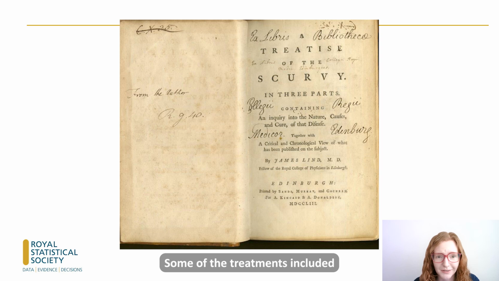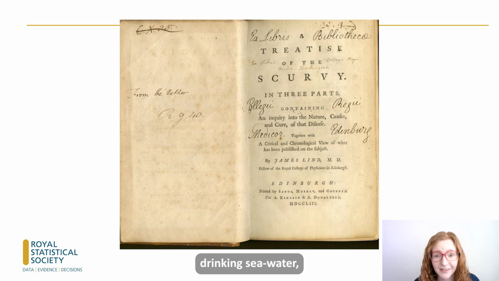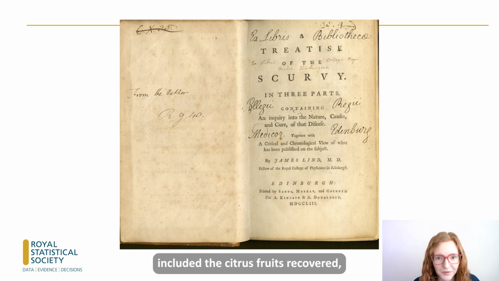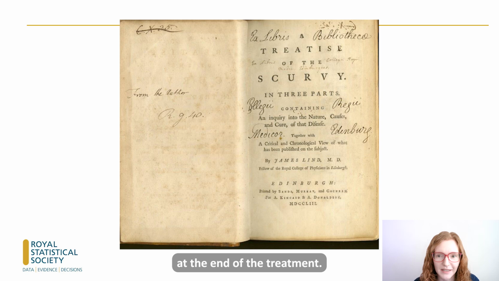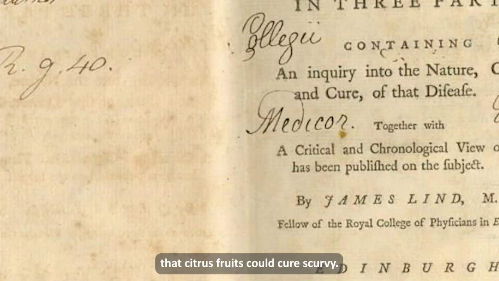Some of the treatments included drinking vinegar, eating garlic paste, drinking seawater, or eating citrus fruits like lemons and oranges. The sailors whose daily diet included the citrus fruits recovered, but the others still had symptoms at the end of their treatment. And this helped to show that citrus fruits could cure scurvy.